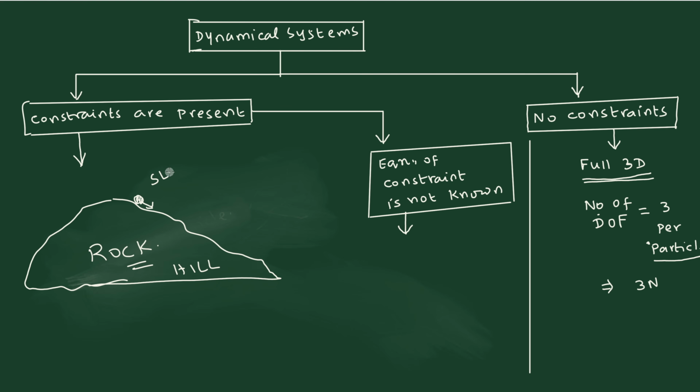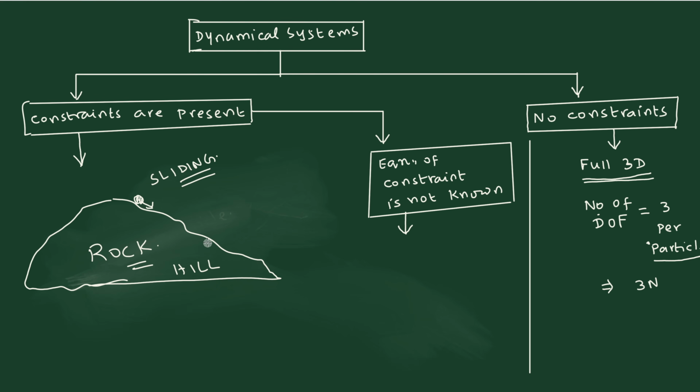So you consider that this is sliding down this particular rough surface. Some surface is there which is not well defined. It is not a plane. It is not a circular path. There is no well defined path. Somewhere ups and downs are there, but it is a clear example where there is a restriction present.